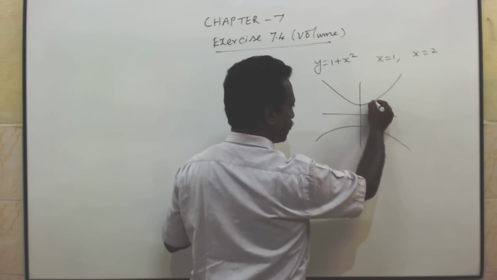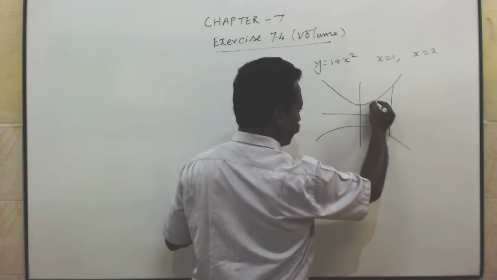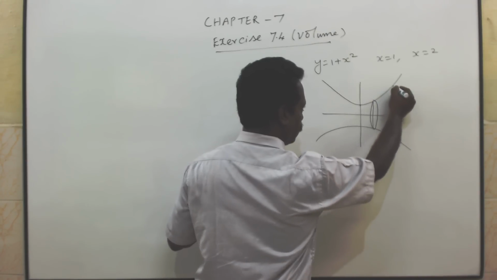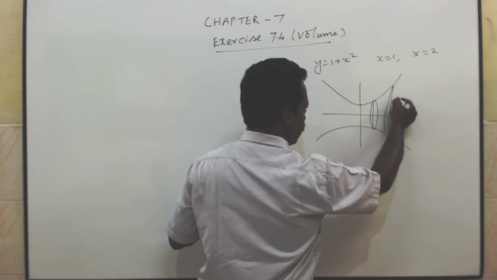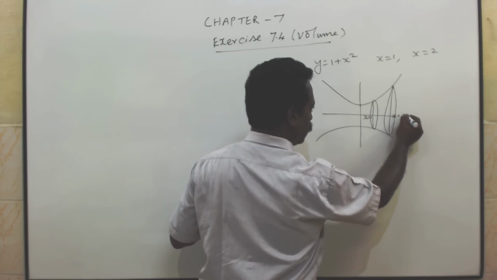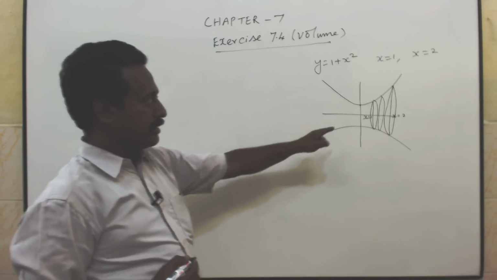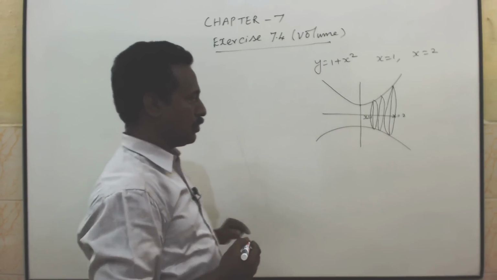So the limits are x is equal to 1 and x is equal to 2. We have to find the volume of the region bounded by x is equal to 1 and x is equal to 2.